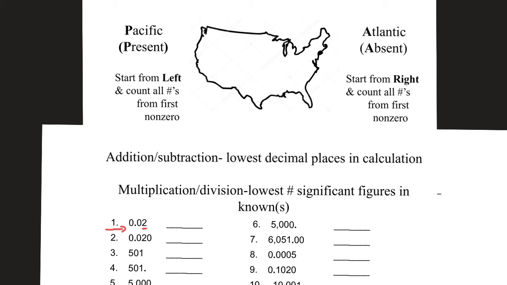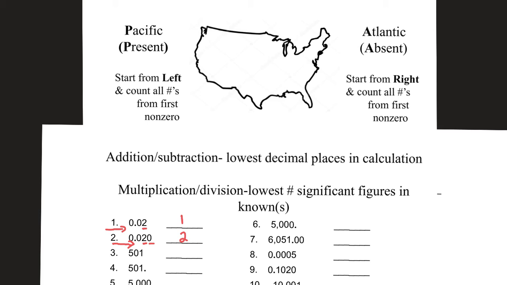Well, I've run out of numbers, so this would have 1 significant figure. In my next example, number 2, the decimal is present, so again, I'm going to start from the Pacific side or my left side, and I'm going to go till I hit my first non-zero number, which is the 2, and then I count until I run out. So there's 2 numbers there, so it would have 2 significant figures.